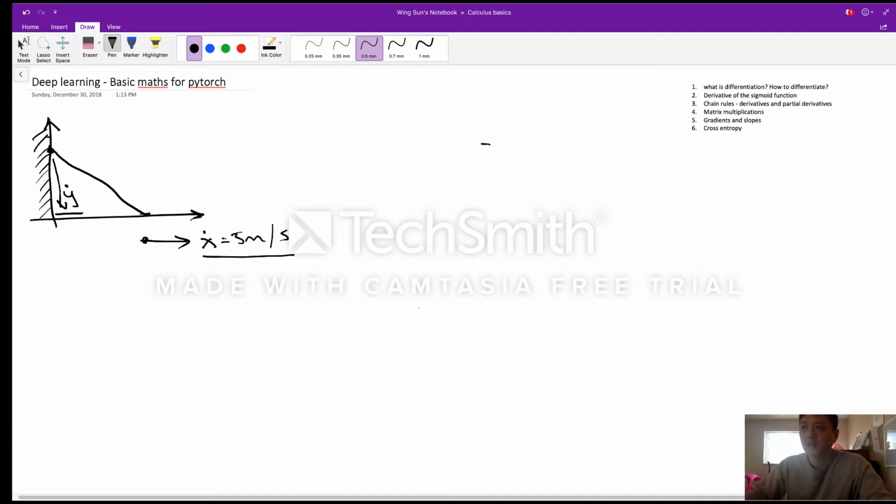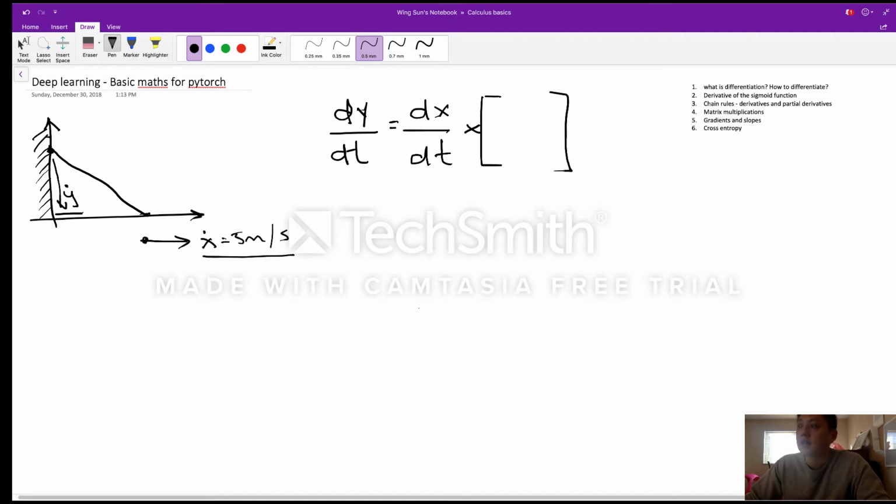Let's write this thing down. So you have dy over dt. This is what we want. Now let's look at what we have so far. We have dx over dt. That is really interesting, because what should we multiply this by so that we can get dy over dt?